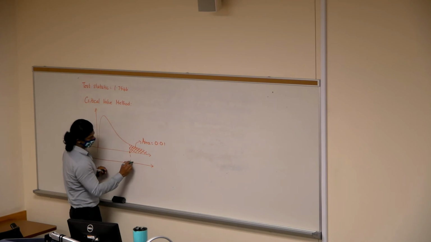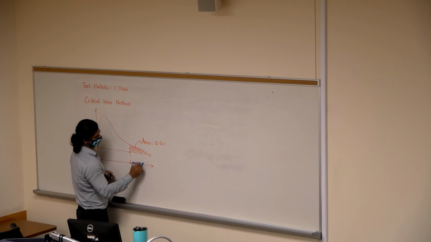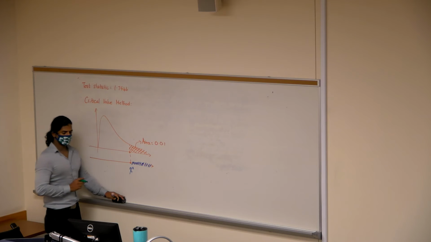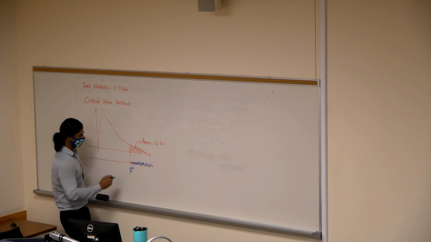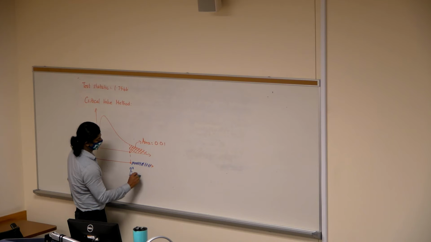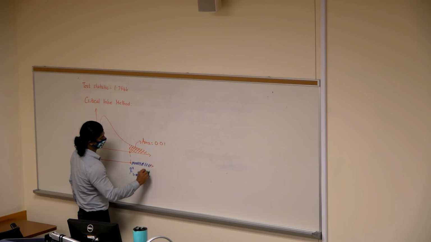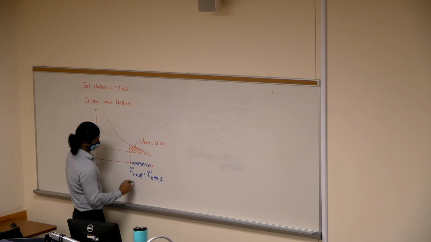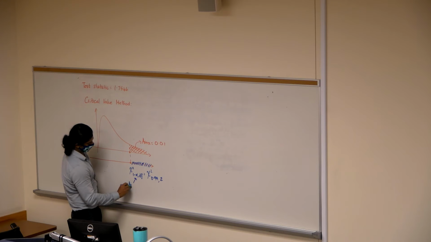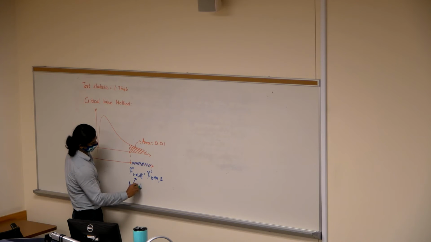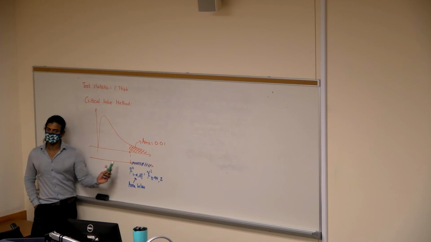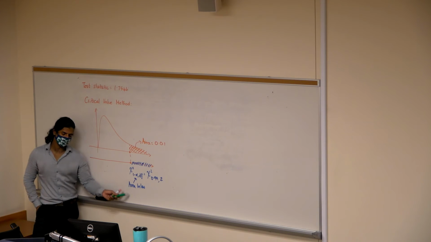The rejection region is right here on the real number line. So the critical value is chi-squared 1 minus alpha, comma degrees of freedom. In my notation, I'm using chi-squared 1 minus alpha, which is the area below.